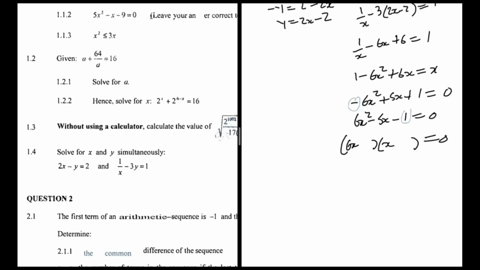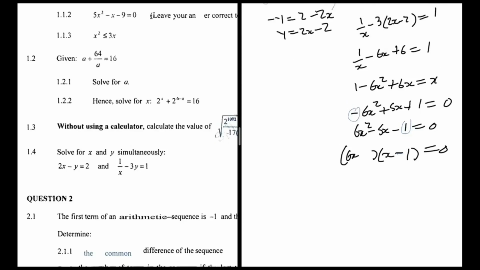So if I put minus 1 here, then 6x and minus 1 will be minus 6x, and then plus x, it will be minus 5x, right? So that sort of satisfies what I'm looking for. So here I'm gonna have plus 1. So 6x plus 1 equals to 0, or x minus 1 equals to 0. So x equals to minus 1 divided by 6, or x equals to 1.